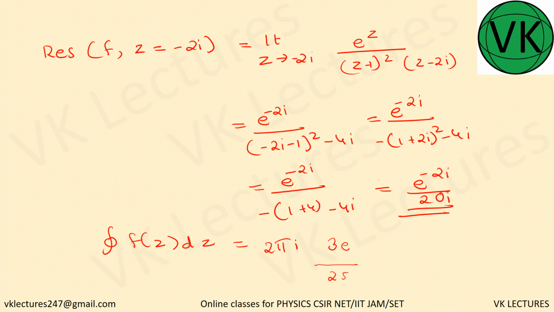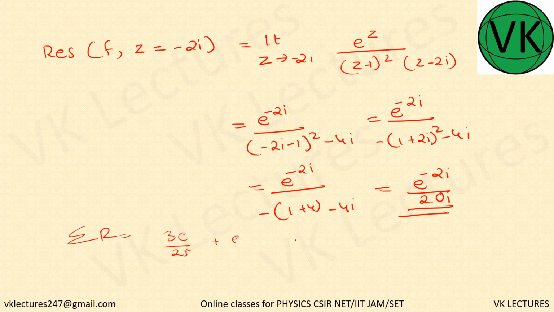First of all, we can take sum of the residues is equal to 3 by 25 plus e raised to 2i by 20i plus e raised to minus 2i by 20i.